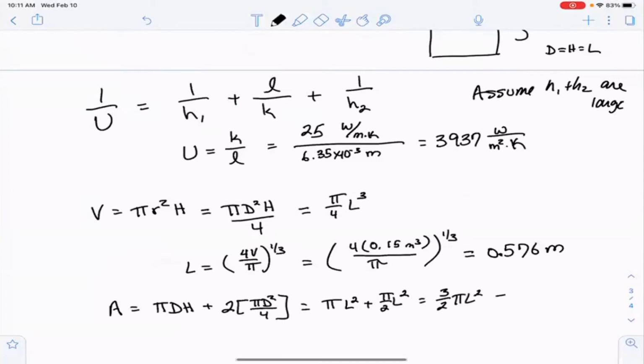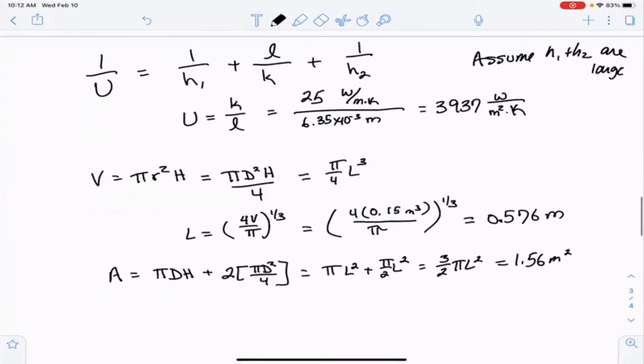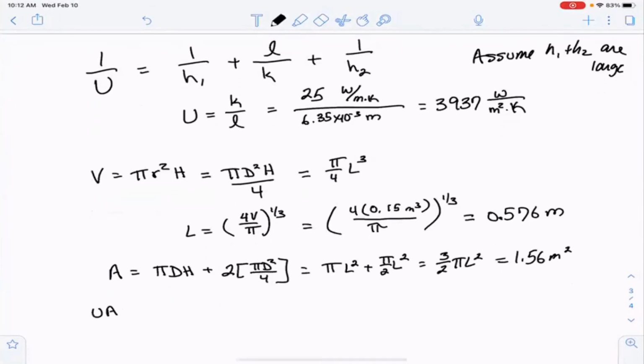And so doing that, we have an area of 1.56 square meters, just putting our value in here. And now we have the value for UA given the physical dimensions of our reactor. So that's 6153 watts per meter squared Kelvin.